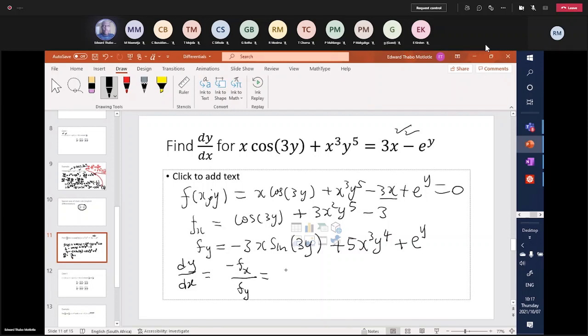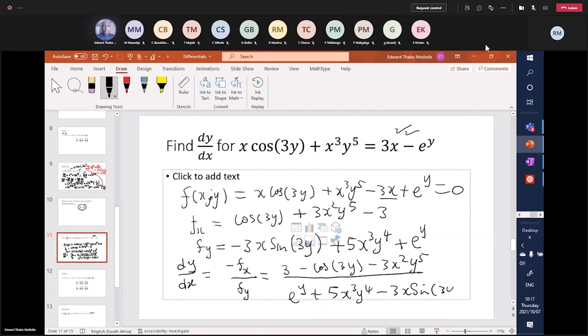Substituting there, I have 3 minus cos 3y minus 3x squared y to the power 5, all over e to the power y plus 5x to the power 3 y to the power 4 minus 3x sine 3y. So this is my solution. So you should be able to determine dy/dx using partial derivatives.